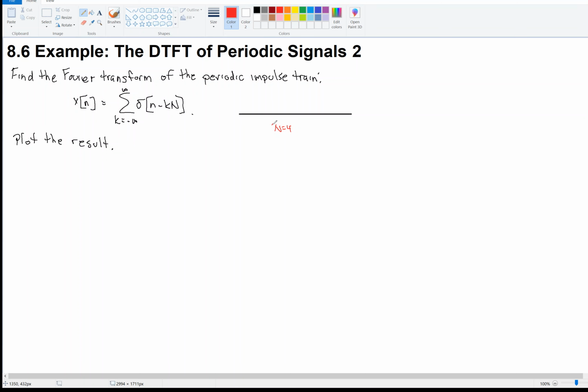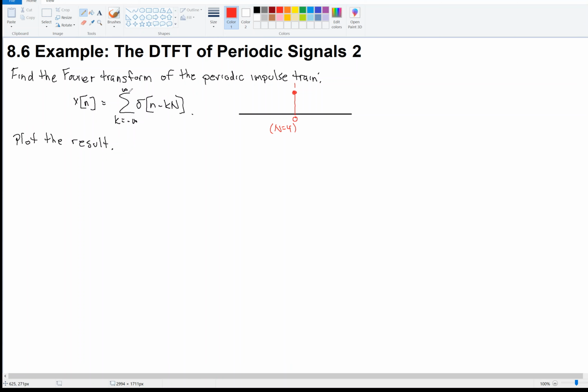So we'll try to plot it versus n, with n equals 4, and then start plugging in values of k, because this is a sum from k equals minus infinity to infinity. So with n equals 4, when k equals 0, we have delta of n. So that's this guy at the origin.